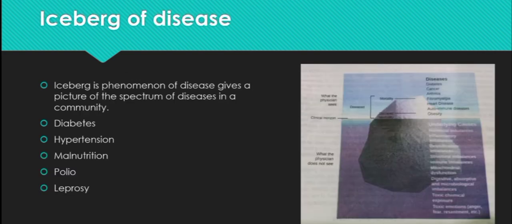Iceberg disease. The iceberg is a phenomenon of diseases that gives a picture of the spectrum of diseases in a community. The part of the iceberg below the water level is denoted as subclinical, undiagnosed, and the part which is visible is considered as clinically diagnosed diseases in the community.